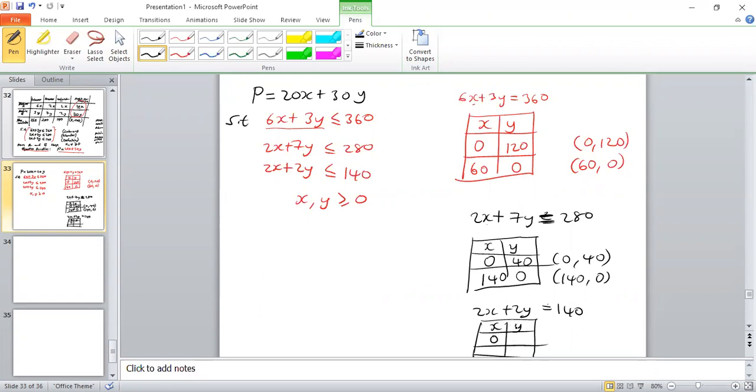If x is 0, we divide by 2, that will be 70. If y is 0, divide by 2, that should also be 70. So we have (0, 70) and we also have (70, 0). Coming up with the coordinates of the boundaries, do we have anyone with a question?